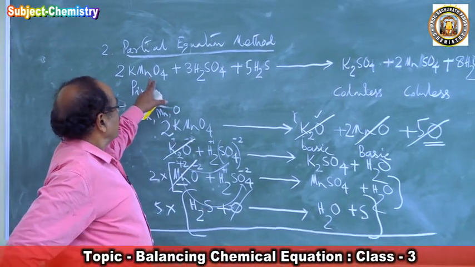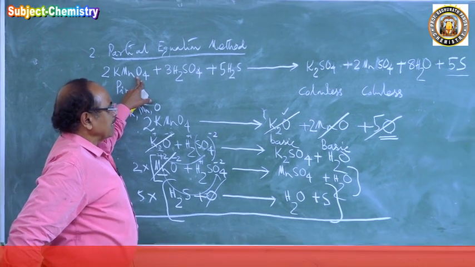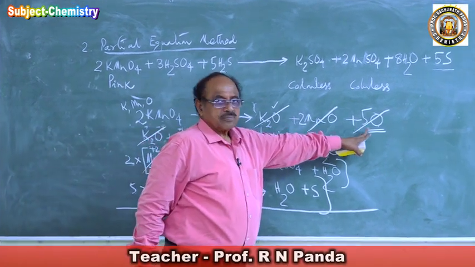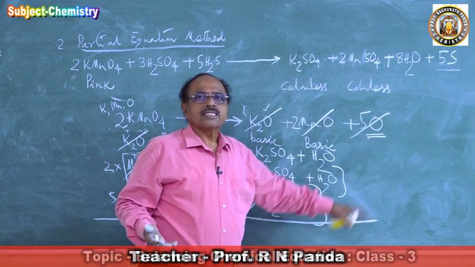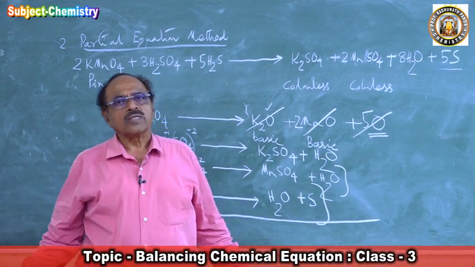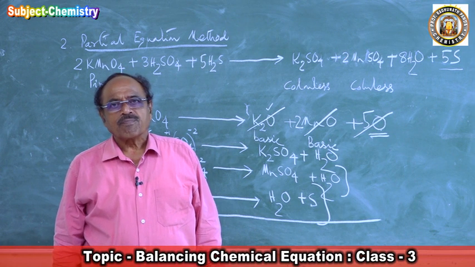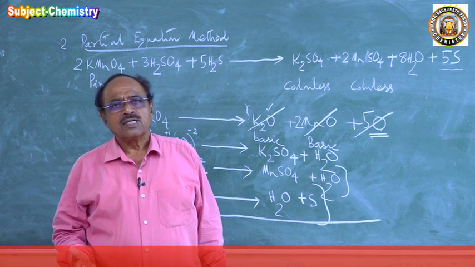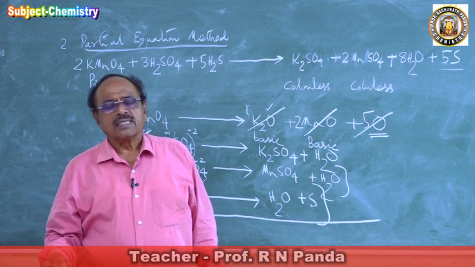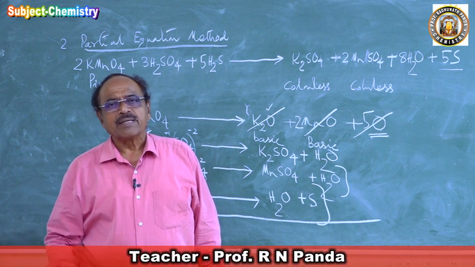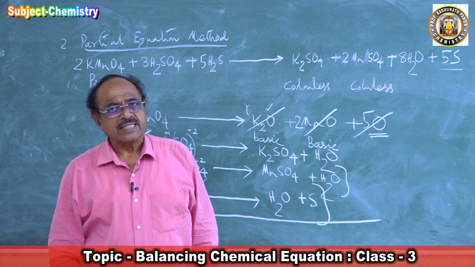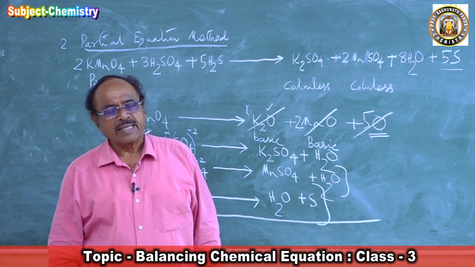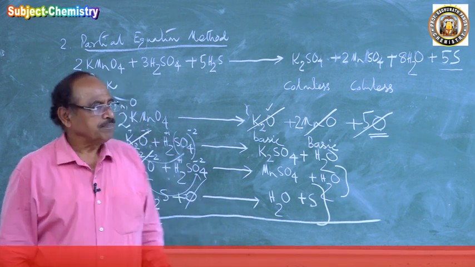So since potassium permanganate is giving oxygen, hence potassium permanganate is called an oxidizing agent. Those substances which can give oxygen, which will take part in a chemical reaction, are called oxidizing agents, and potassium permanganate is an oxidizing agent.